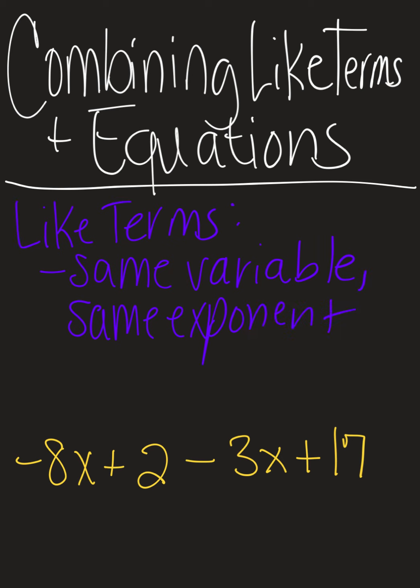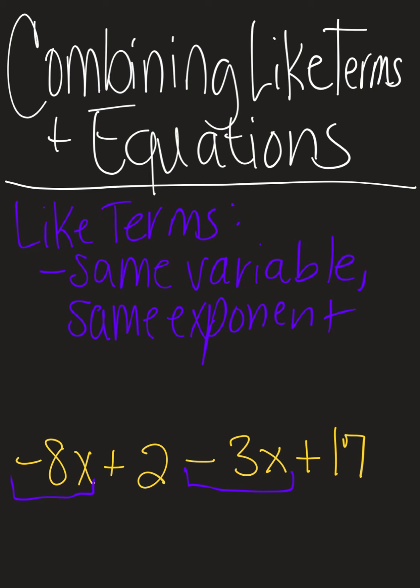For example, we have negative 8x plus 2 minus 3x plus 17. So the first thing I'm going to do is identify the terms that are like terms. Signs matter, so we're going to take a look at the sign or the operation in front of each term as well. So I have negative 8x and negative 3x.